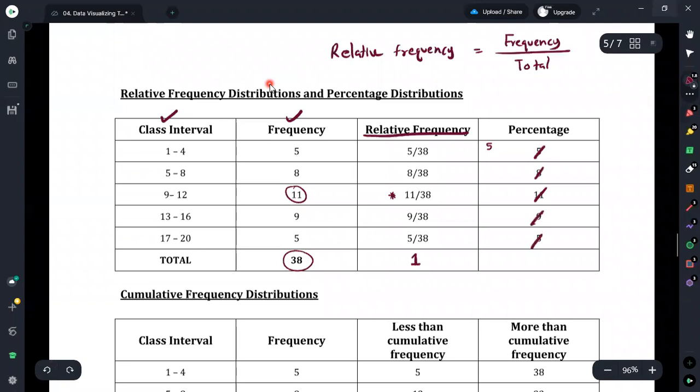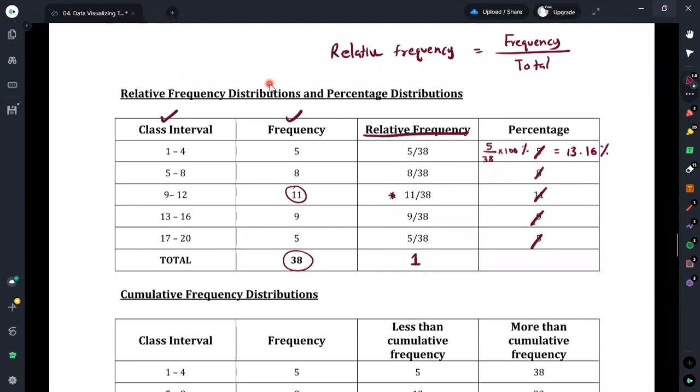Therefore, this can be taken as 5 over 38 multiplied by 100%. Therefore, you can perform the calculation: 5 divided by 38 multiplied by 100 gives the value 13.16. Here the percentage is 13.16.